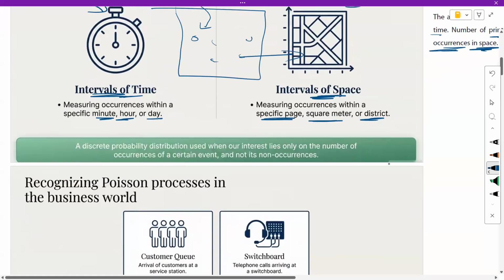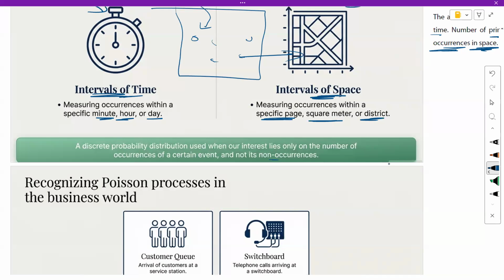The Poisson distribution is a discrete probability distribution used when our interest lies only in the number of occurrences of a certain event, not its non-occurrences. In the binomial distribution, we consider the success, we focus on the occurrence. Here we consider only the occurrences.